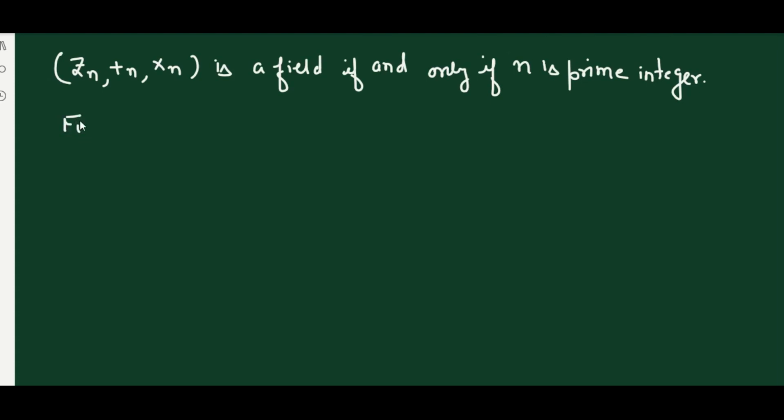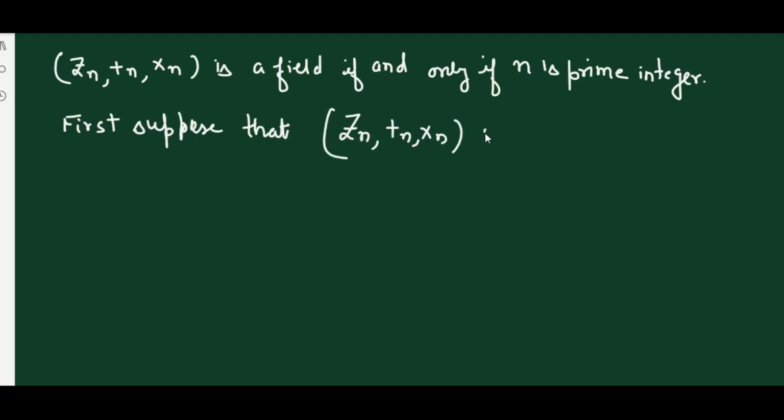First, suppose that Zn is a commutative ring with unity, because it is universally true. It is an established result that it is a commutative ring with unity.